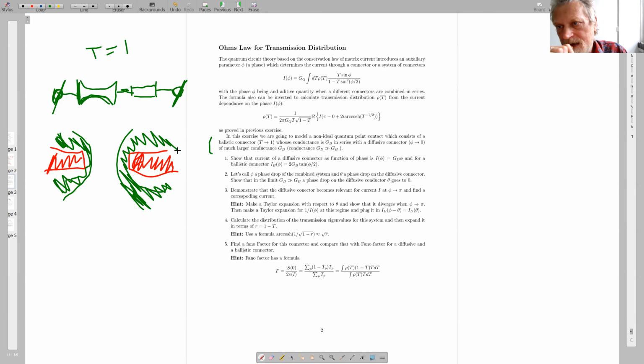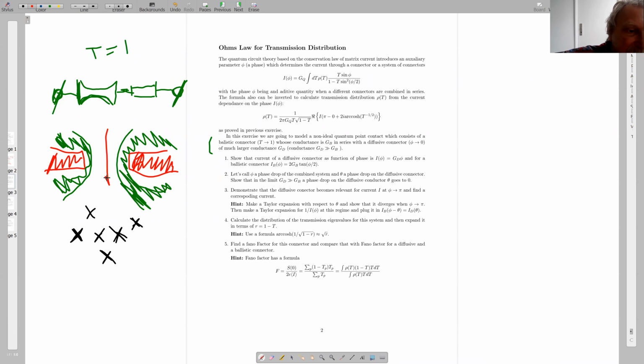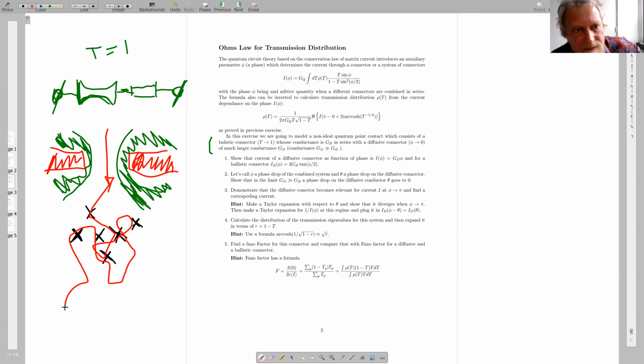So thereby we have formed a constriction with a certain number of open channels, but in fact we have an extra unintended problem. We have impurities nearby. And when an electron traverses, it will also diffuse upon scattering on these impurities.